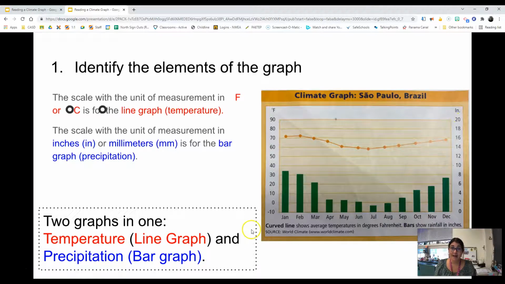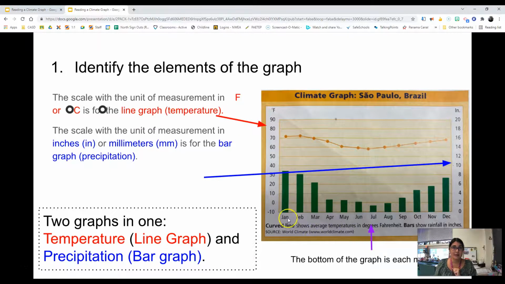At the very bottom, you will see the months. So here it says January, February, March, April, May, and it goes throughout the whole year's months. Now remember, this is climate, so this is the average weather over many, many years. So on average, in the month of January, this is what it is. On average, in February, for the past 10 years, this is what it is.